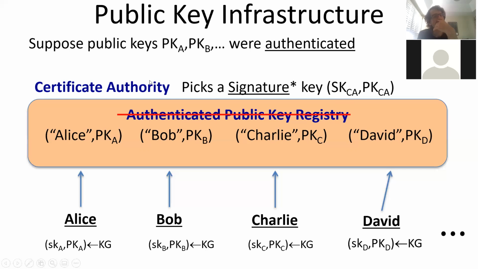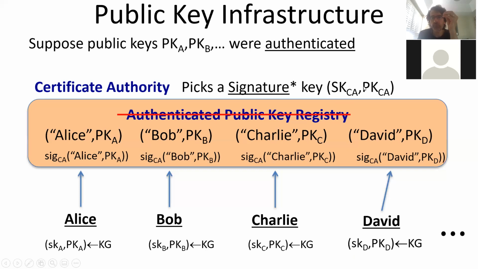Okay, so the certificate authority picks a signature key and broadcasts the public key to the whole world. Now, let's say that this broadcast is authenticated. So the public key of the certificate authority is embedded in every piece of software and cannot be changed, so that when you run it and you think that you're verifying signatures using this public key, you truly are.